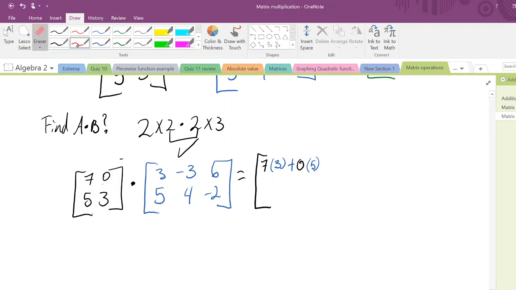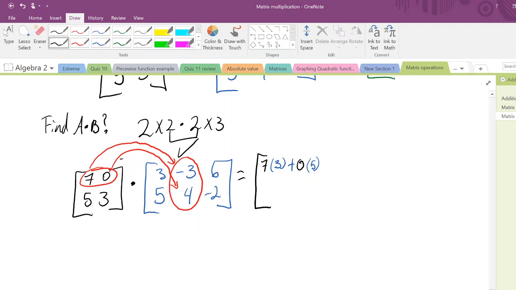Now I'm going to do the next one. I'm going to grab this 7 and 0 times the next column. So I'm going to grab this 7 times this negative 3 plus 0 times 4. That's going to be my next number over.